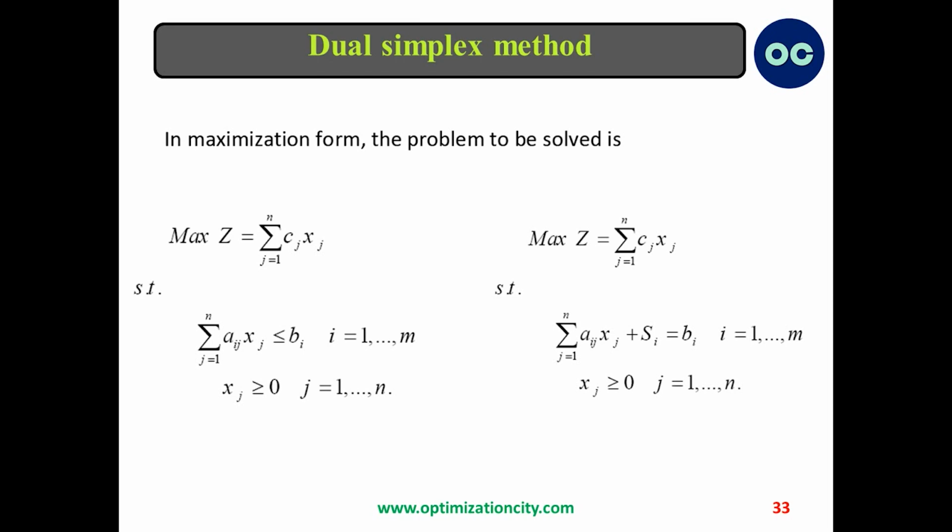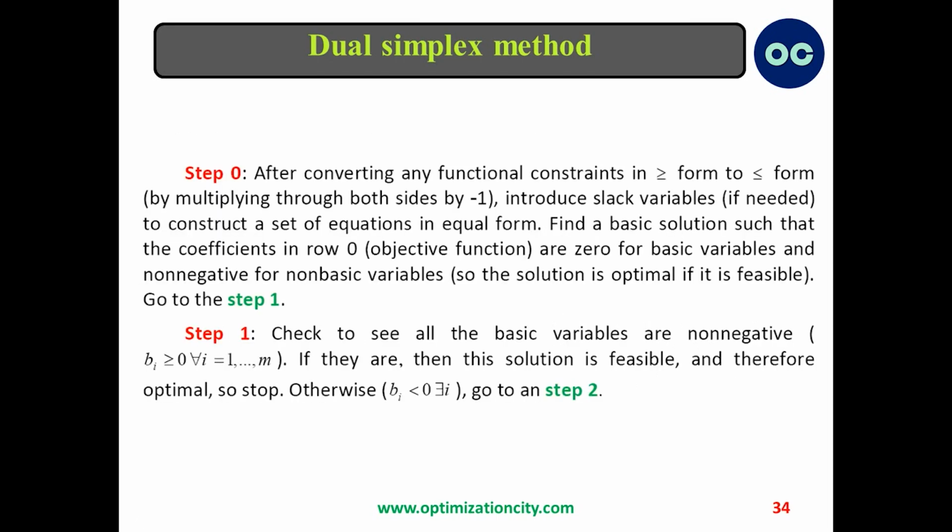In the maximization form, the problem to be solved is as follows. To convert the problem into standard form, you need to introduce a variable si, which is called slack. And here is the summary of the dual simplex method.